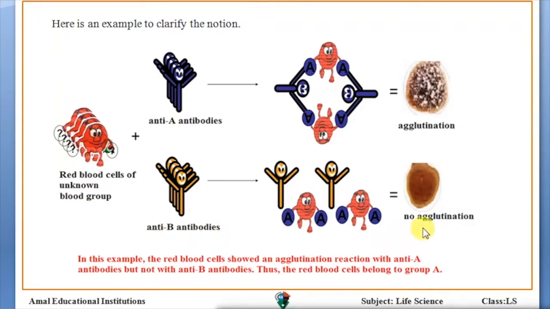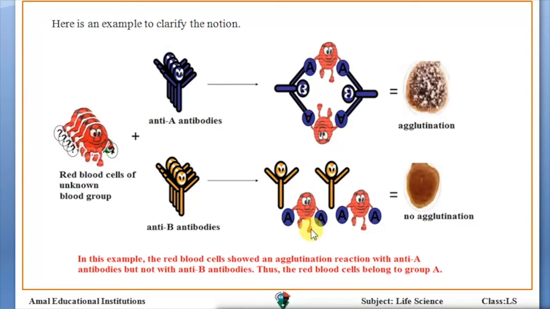In the second case, when the red blood cells of unknown blood group were mixed with anti-B antibodies, no agglutination happened. Notice the aspect of the blood. In this case, it was clumped, where agglutination happened, and here there was no clumping, so no agglutination had happened. The red blood cells here are somehow, let me put it this way, free.